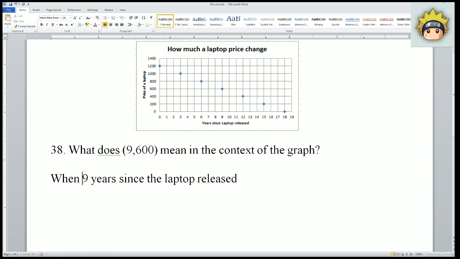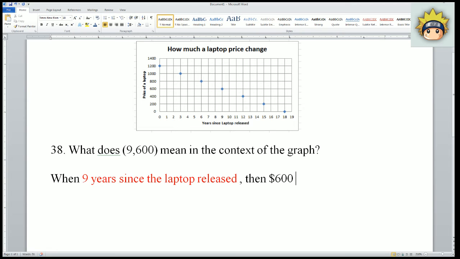Notice I just put the x value here, and I put what the x-axis represents. Okay, all right, now I put a comma, then I put in blue here what my y is. My y is 600 here. So I put, right, that is a dollar amount, so 600.